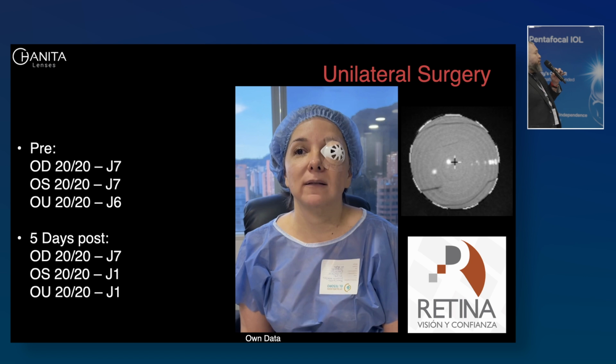Preoperatively, obviously, her far vision was excellent. This is unaided vision. She was 20/20 for far, but for near, it was a disaster. And 5 days post surgery, just starting the new adaptation, the right eye remained the same, but the left eye and both eyes open were 20/20 and J1 for near vision.